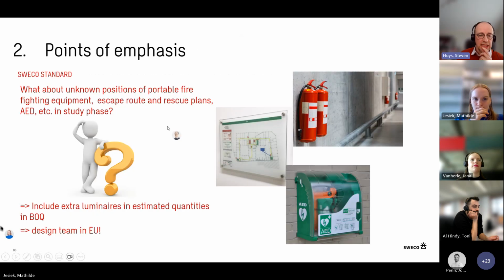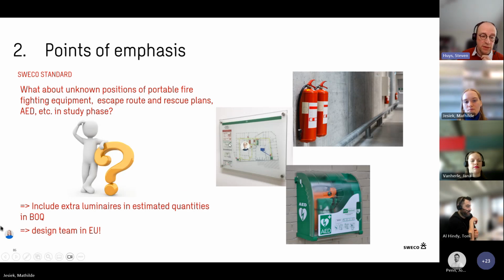Okay. Then the problem we always have with the portable fire extinguishing equipment, like we see here, and now with the extra problem of the escape route and rescue plans, is that those things will for sure not be known in the study phase.